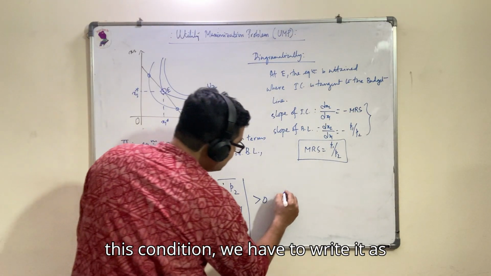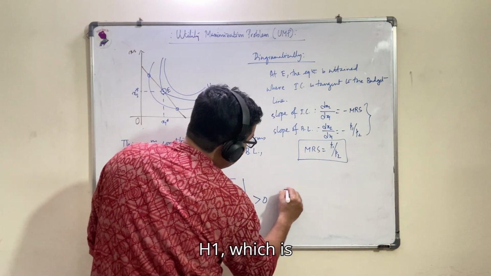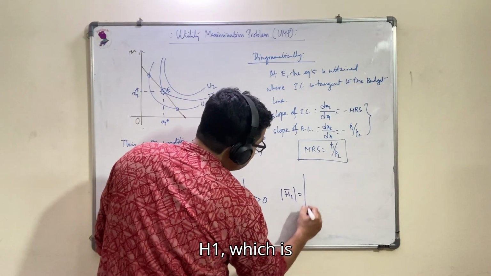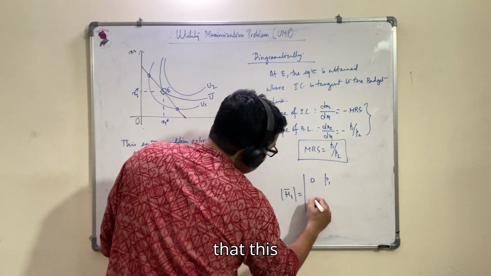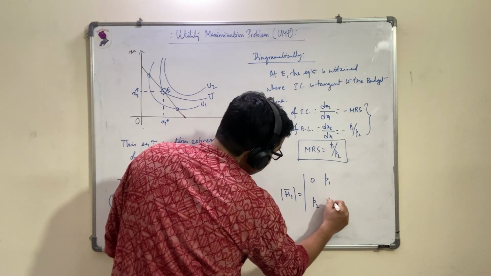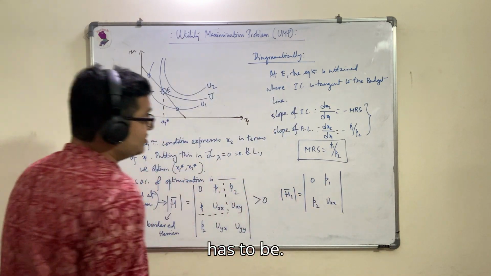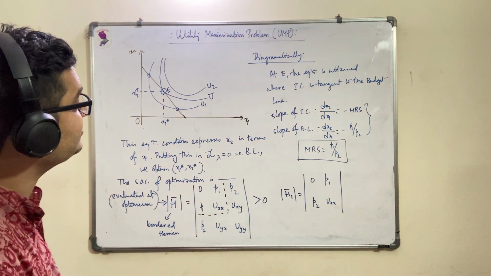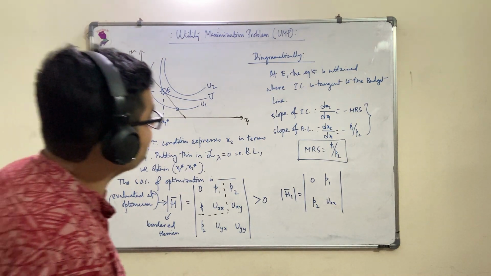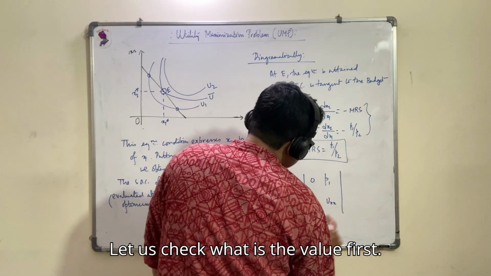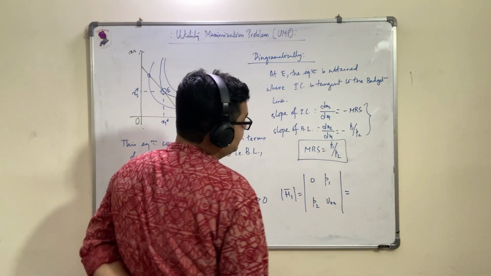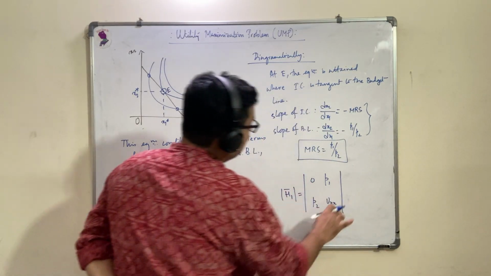With that, we have also this condition, we will write it as H1, which is that this determinant has to be, okay, let us check what the value is first. Let me tell you the condition.